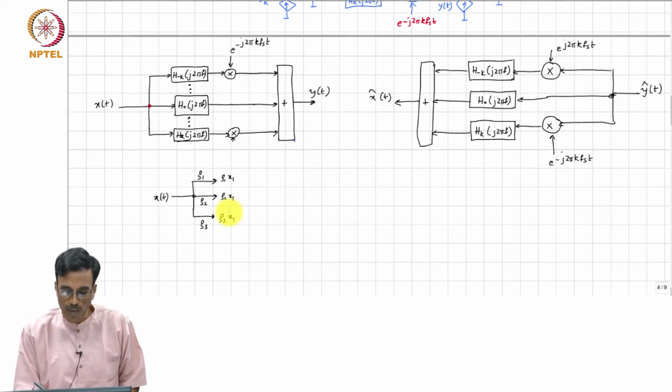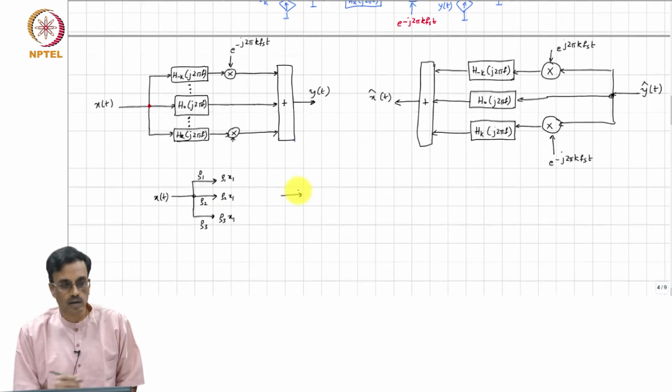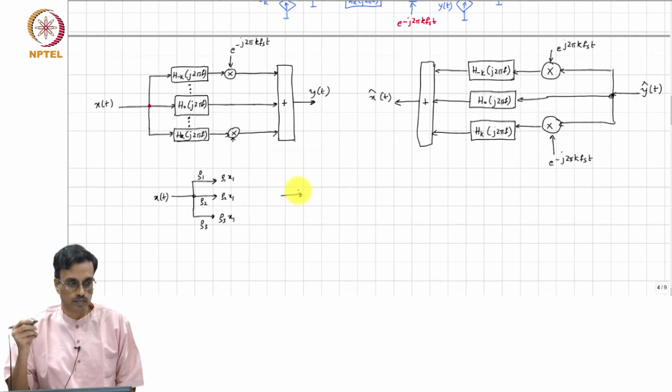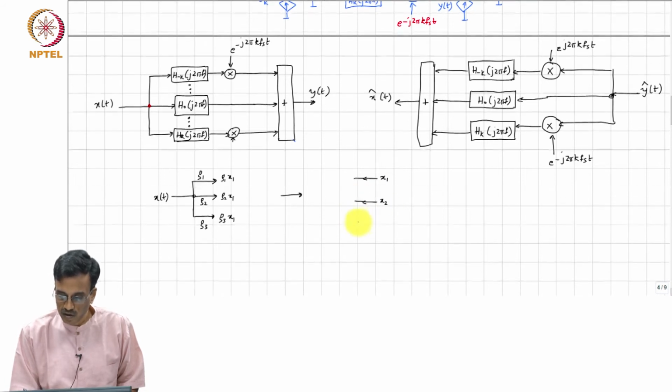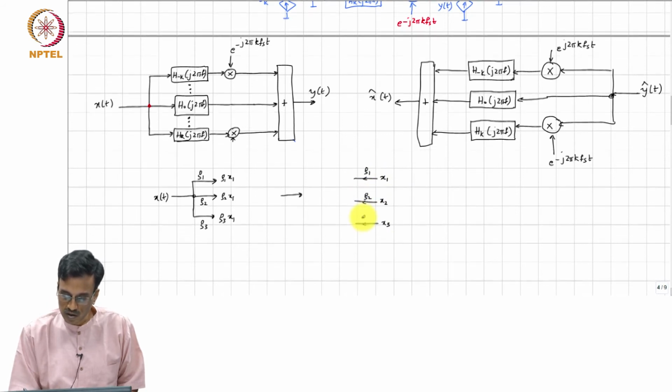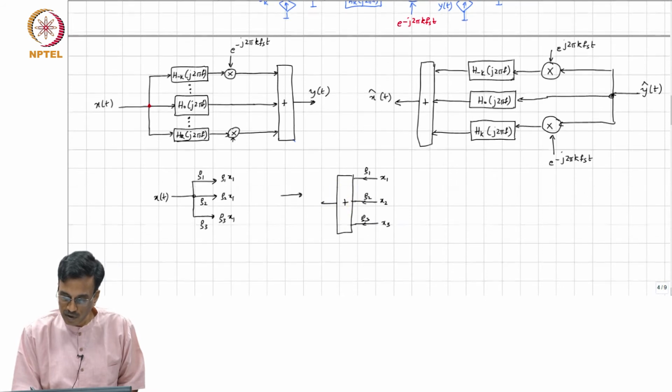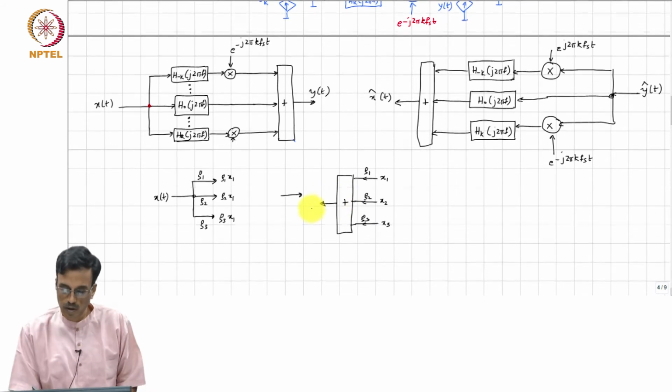Then what will happen in the adjoint? It simply becomes a weighted summing node. So, this is x 1, this is x 2, this is x 3, they are multiplied by G 1, G 2, G 3 and they become a summing node. The pick off point therefore becomes a summing node.